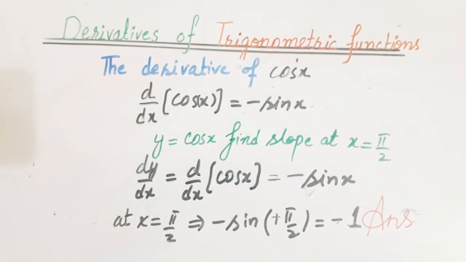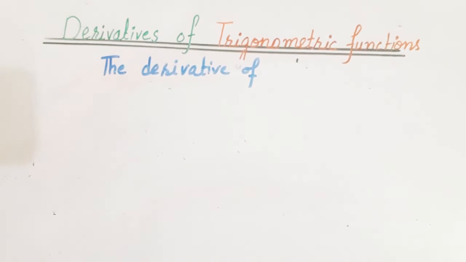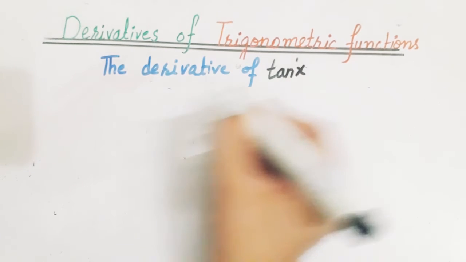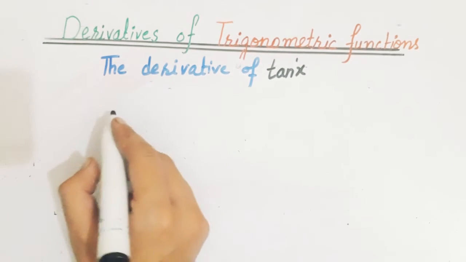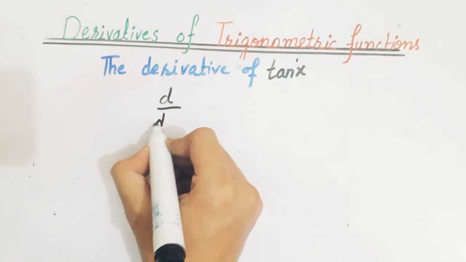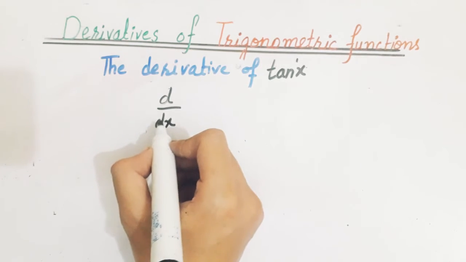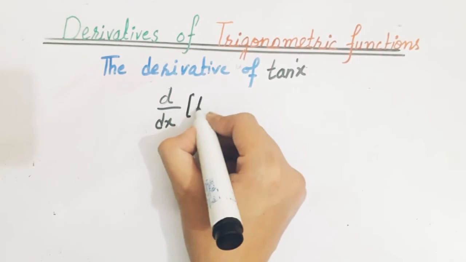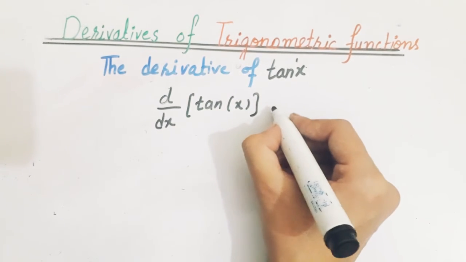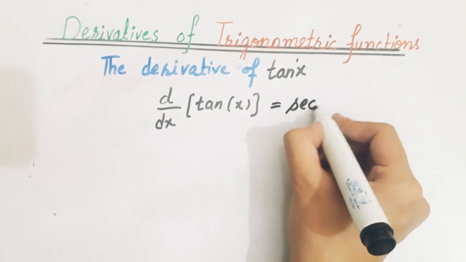Now we will solve the derivative of tan x. The derivative of tan x is found by this formula: d by dx of tan of x equals secant square x.